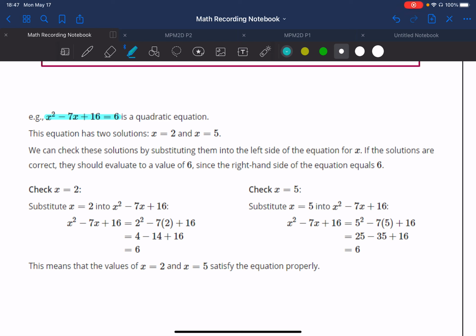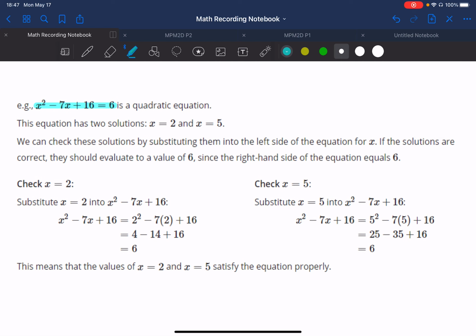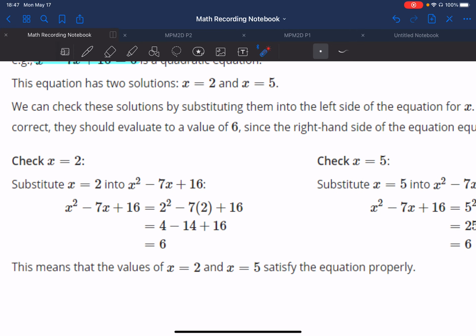So if we were looking at this first one, we're going to check to see if x equals 2. What we do first is sub in 2 for where x is. We take 2, put it where all the x's are, and then we solve. So 2 squared is 4, 7 times 2 is 14, and then 16 remains the same. 4 minus 14 gives us negative 10, plus 16 gives us 6.